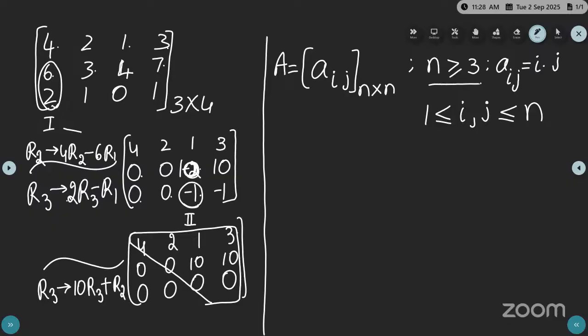So I'm going to take n equals 3. What is the matrix?